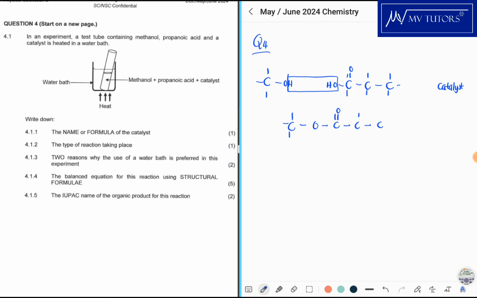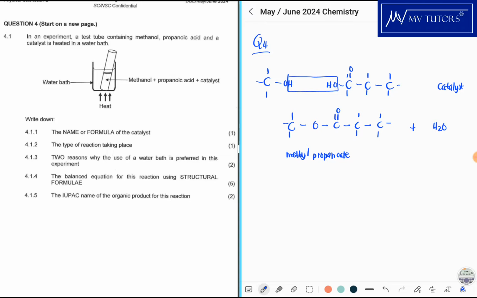So on our side, we have methyl, because we have 1 carbon, methyl propanoate. That is the name of our ester, methyl propanoate. We also have that H2O that we took out. So this is our ester.